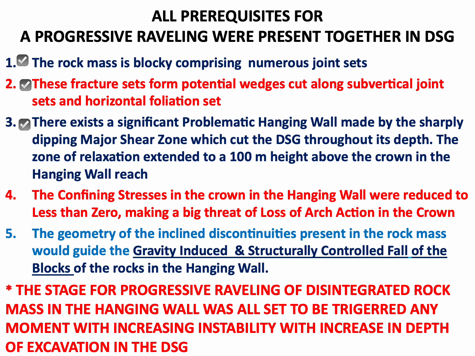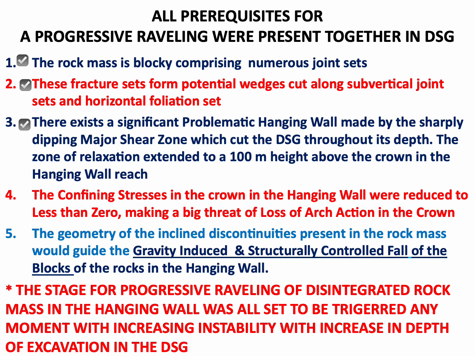Third, the steeply dipping major shear zone, which cut the downstream surge gallery all through its depth, right from above the ground till the bottom of the downstream surge gallery, precariously placed the wedges of blocky rock mass which were prone to fall under their own weight.